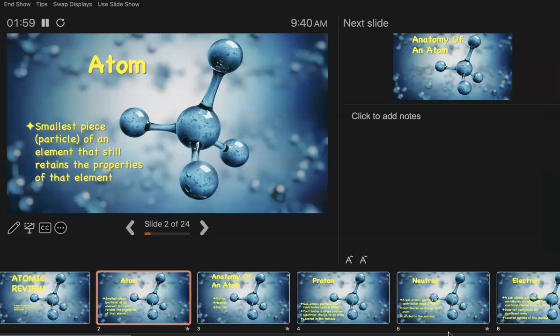Somebody tell us an element or two. Gold. Awesome. What's another one? Hydrogen. Good. Give me one more. Neon. Okay. So the smallest piece or part of neon or gold or hydrogen that still has the properties that you could still recognize if you knew how to recognize it.